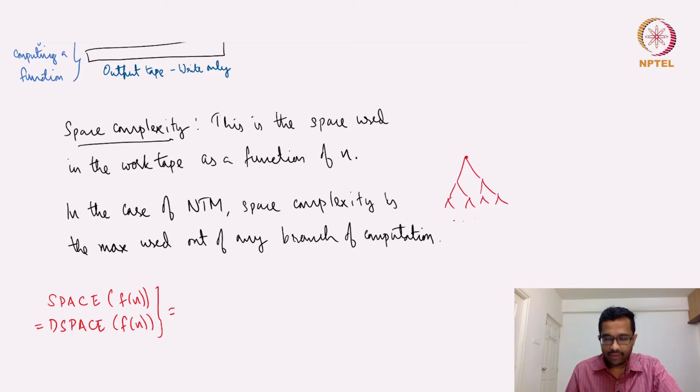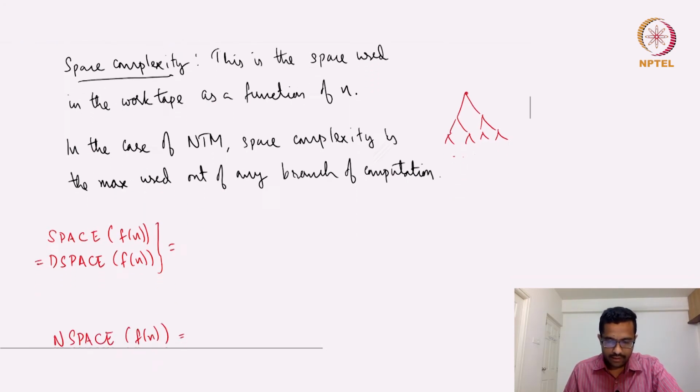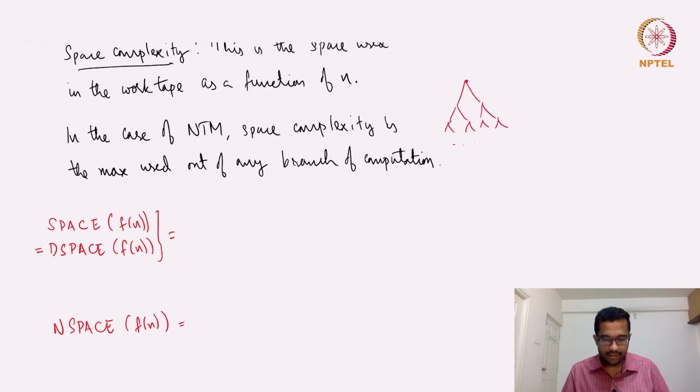That is the space complexity. So in the case of a deterministic Turing machine it is just the maximum amongst all the inputs of length n. In the case of a non-deterministic Turing machine, we also need to account for the multiple branches of computation. Now let me formally define this notation.